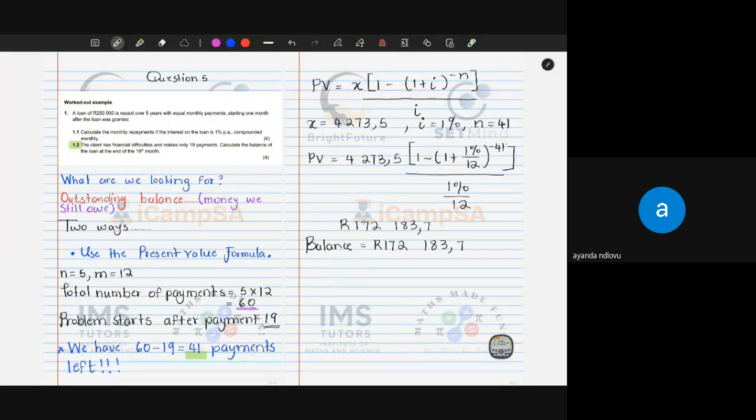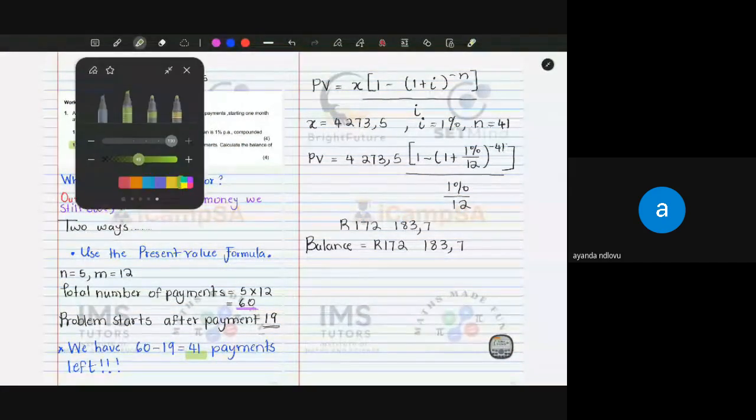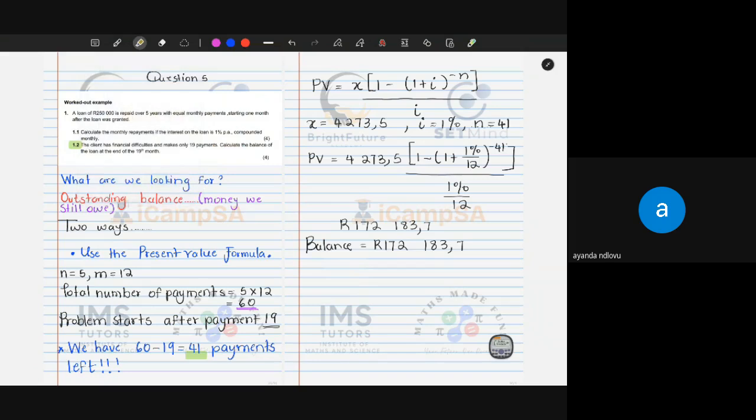The trick with calculating the outstanding balance was looking at how many payments did we make, and how many payments were we supposed to make in total. Then we look at the payment period that we didn't cover. So we only did 19 months here, but we were supposed originally to do 60 payments.